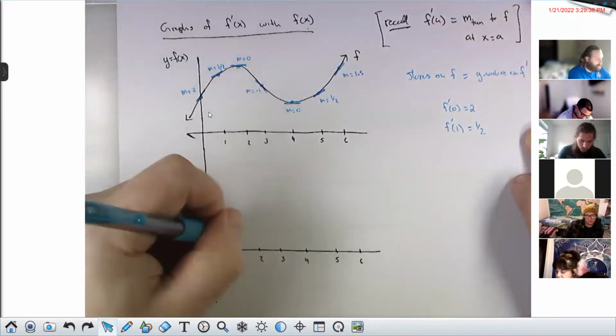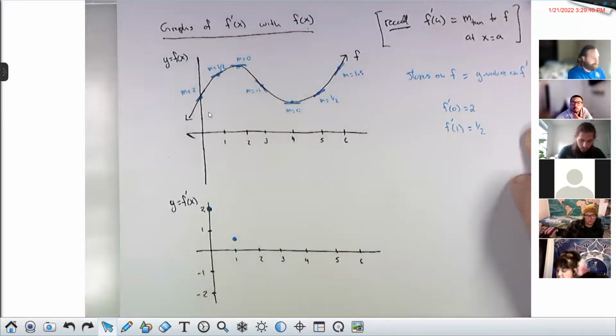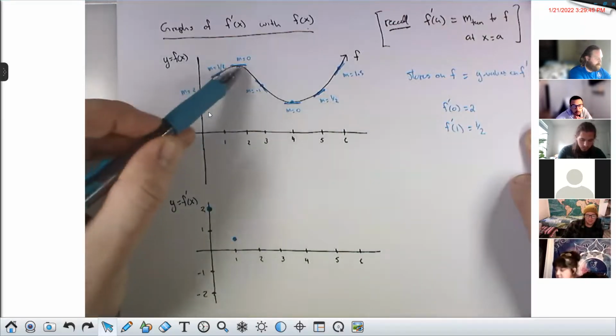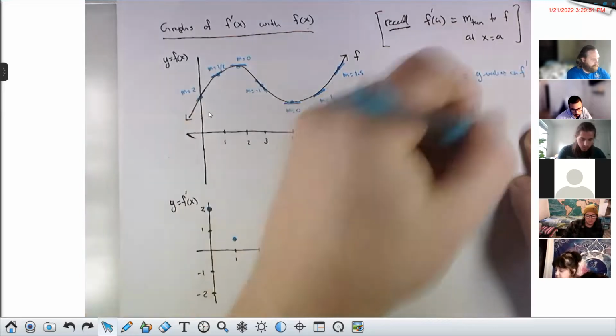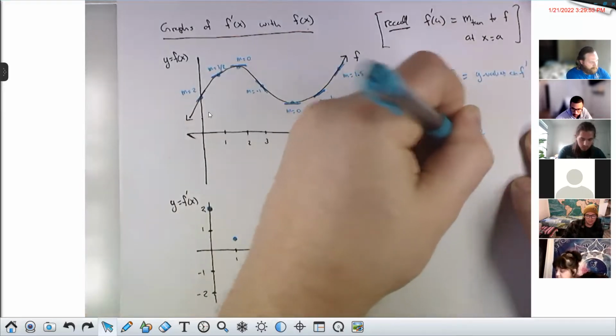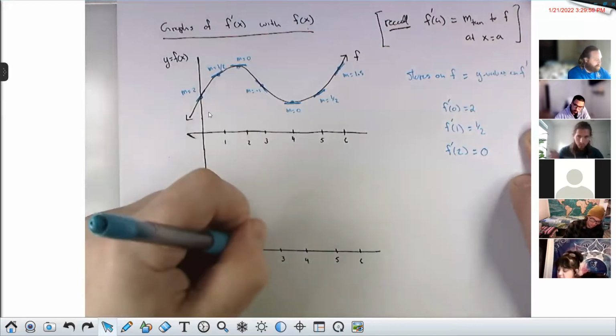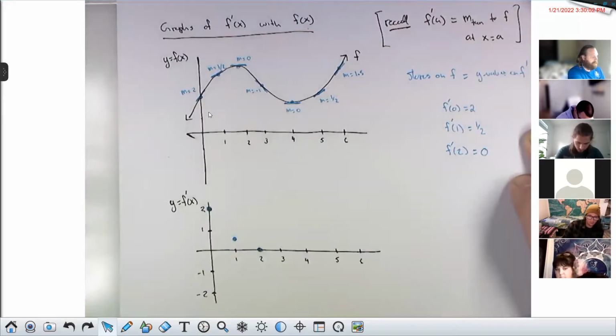There's another point on the graph of my derivative. This next guy right here, where x is 2, the tangent line on the original has slope 0. So that means f prime of 2 should be 0. In other words, the point (2, 0) is on the graph of my derivative.